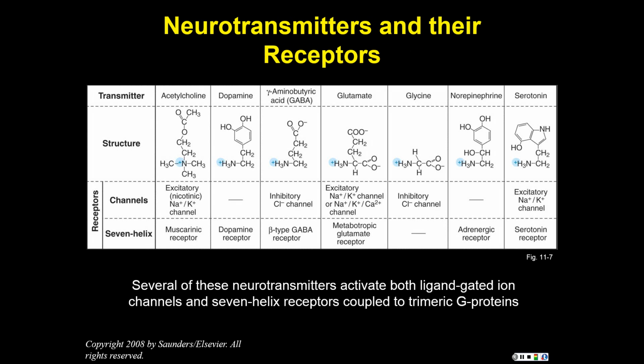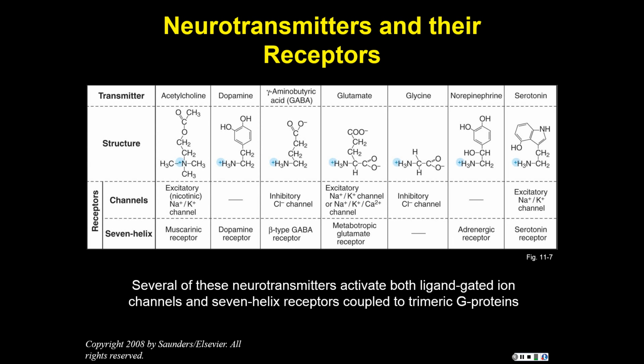I also showed this video on Monday to help visually illustrate the different types of neurotransmitters, what they look like, and whether a neurotransmitter simply opens or closes a particular ion channel, or activates a second messenger system.